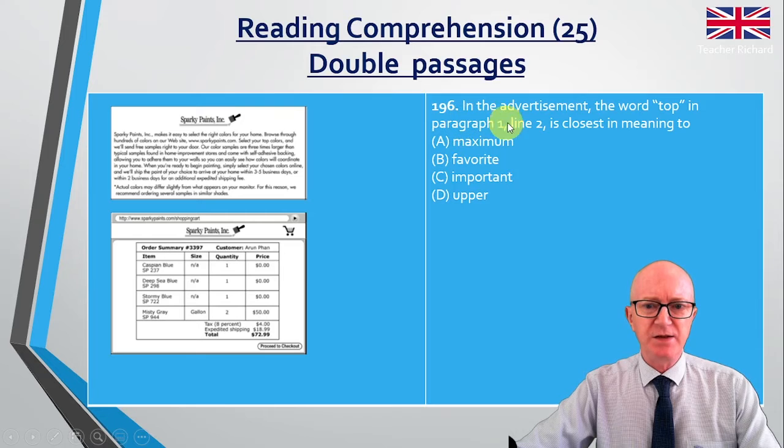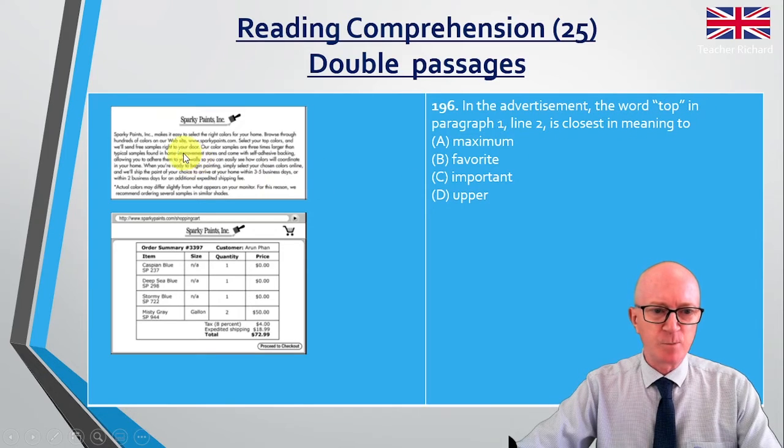It says here, in the advertisement, the word top in paragraph 1, line 2, is closest in meaning to. I think this is the advertisement, because this is an order summary. So we've got paragraph 1 here. We need to find the word top.